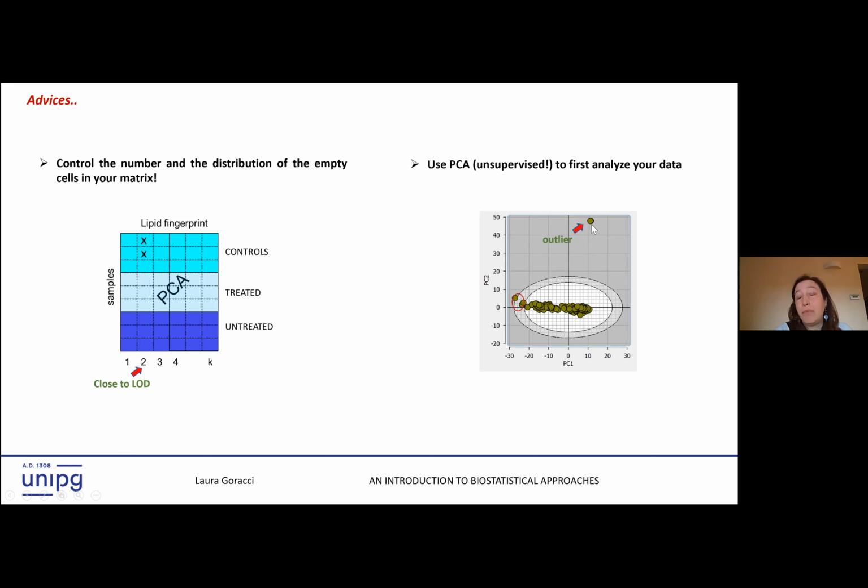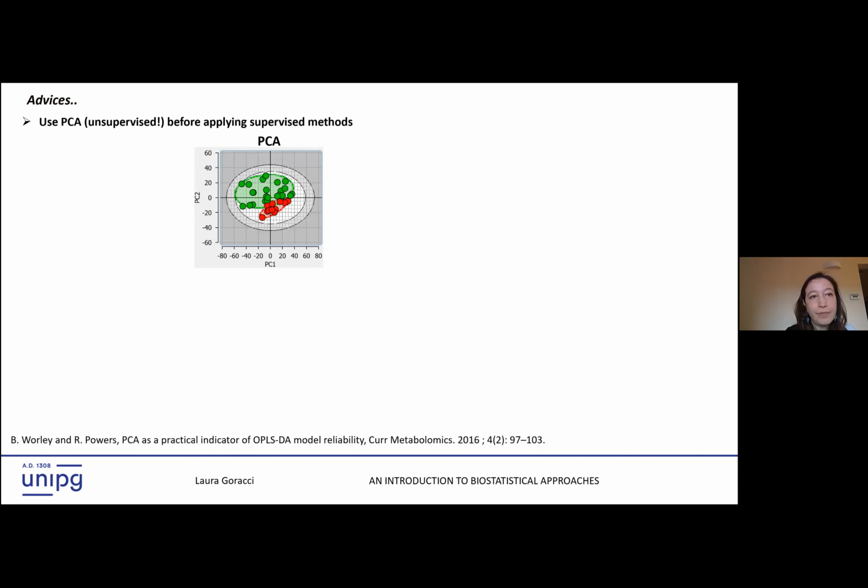And maybe this is really experimental data that suffers from some instrumental problem or extraction problem. It's better to know before. And this is the advice: apply PCA before applying supervised methods.